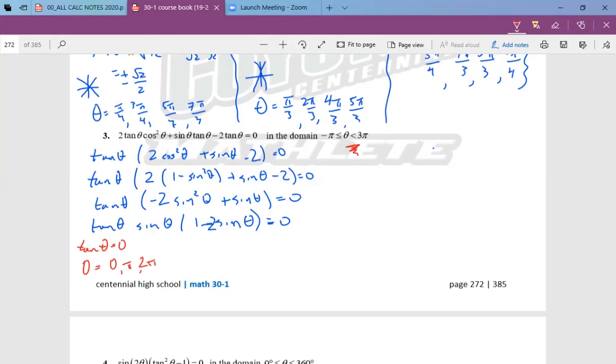It's strictly less than 3 pi, so we're not going to include 3 pi in this list, but we are having to go backwards and have negative pi as a solution in here. So those are your solutions for tan theta. Sine theta equaling 0 actually gives us the same solutions for tan because tangent is sine over cos, and so therefore we have theta equal to the same things: negative pi, 0, pi, 2 pi.